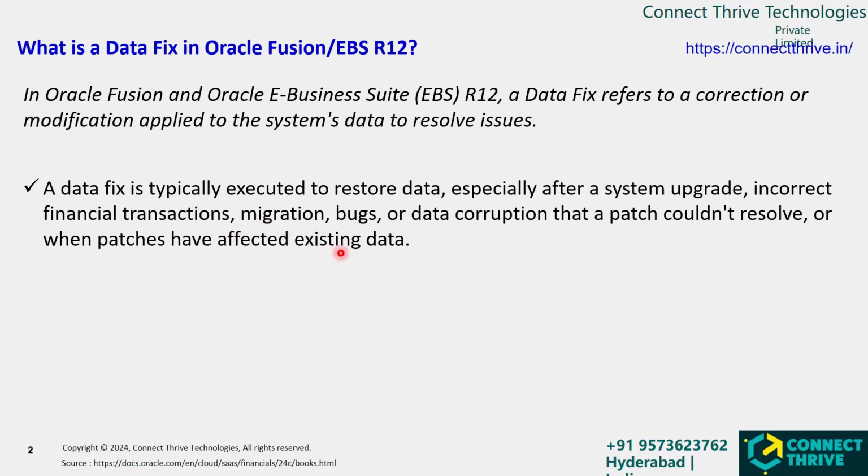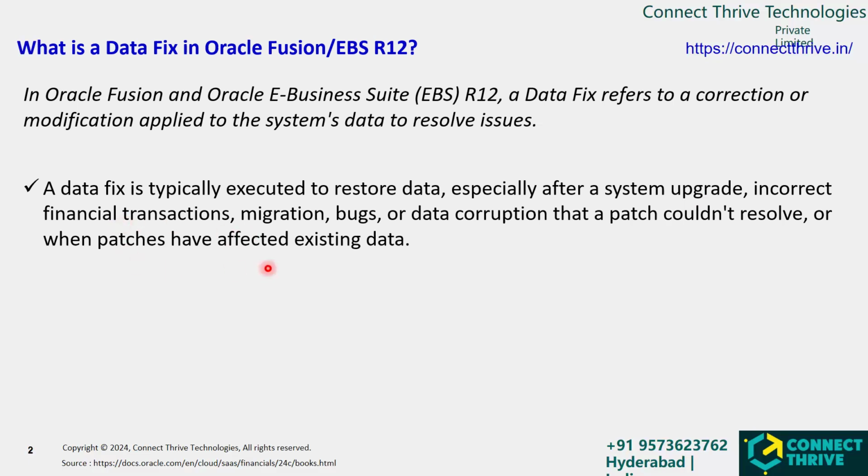After applying a patch, it may also affect the existing data. There are a lot of reasons to get issues, but for all of these reasons we have only one set of solutions: an SR bug as well as a data fix, depending on the majority or priority of the issues.